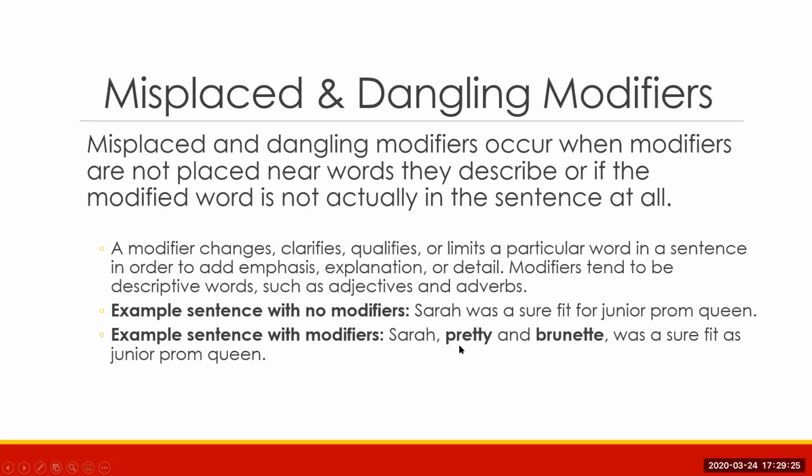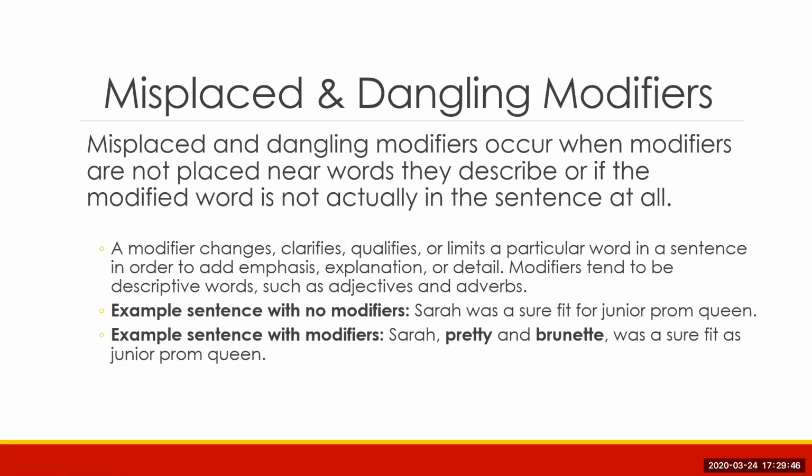The cool thing about modifiers is that they can expand your writing. In the sentence above, Sarah was a sure fit. I don't know anything about Sarah. I don't know what she looks like. Whereas below, I get a little bit more about her, pretty and brunette.